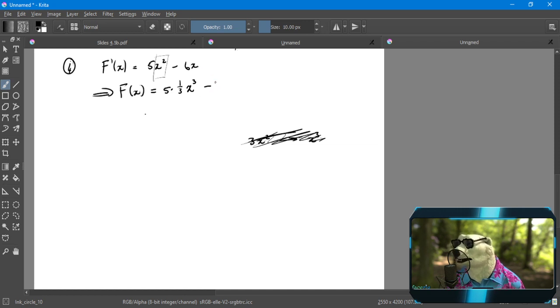Same with the 6x here. I don't like the 6. If it was a 2x, then great, the 2 is a part of it because x squared would perfectly give me 2x as a derivative. But it's not, it's a 6. So I focus on the essence of the function, which is x, and the 6 can stay in front, out of this.